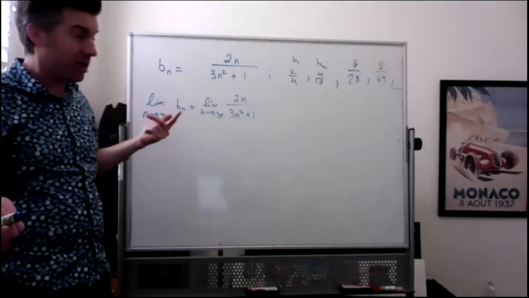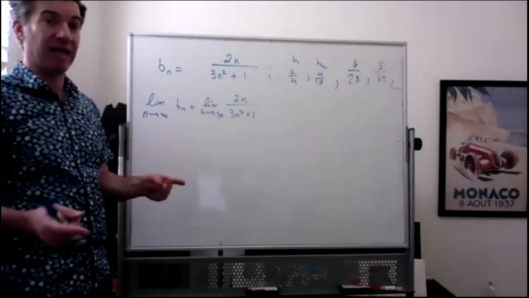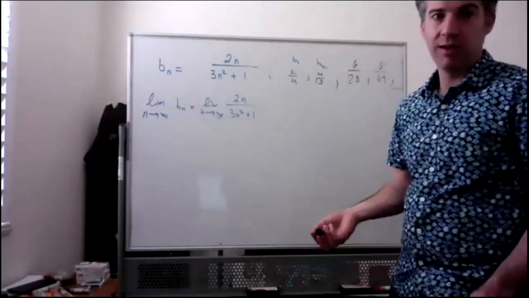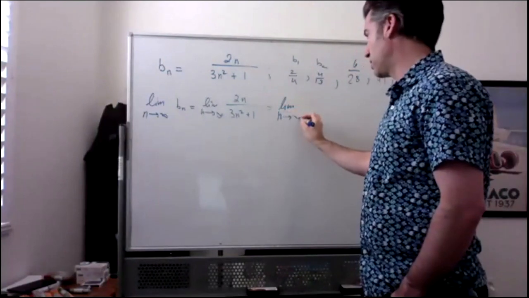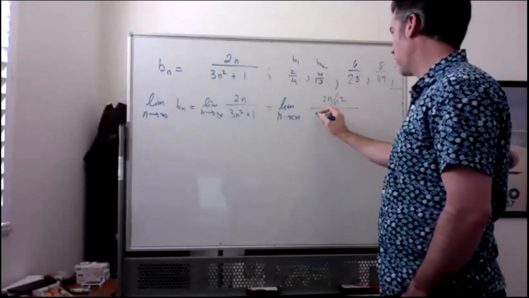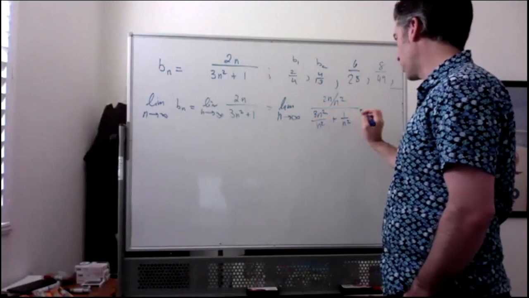I have to do some work. So here, just like the previous ones, we're going to divide the top and bottom by the highest power of n in the denominator, which is n squared. The limit as n goes to infinity of 2n over n squared over 3n squared over n squared plus 1 over n squared.